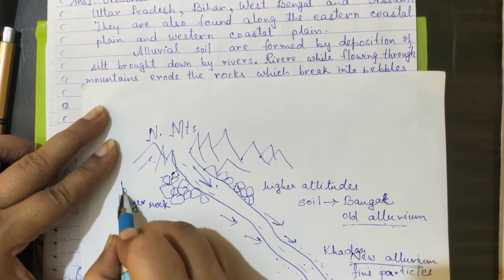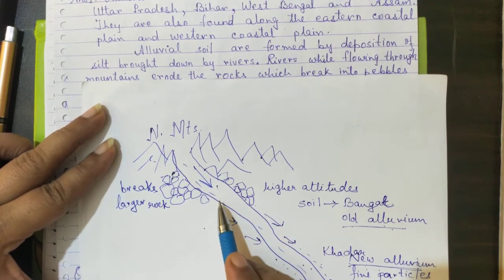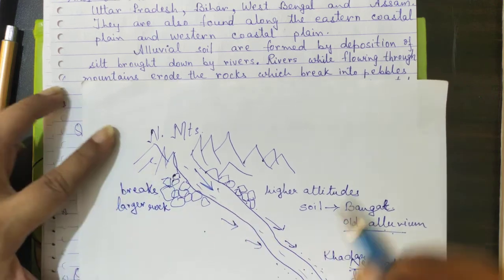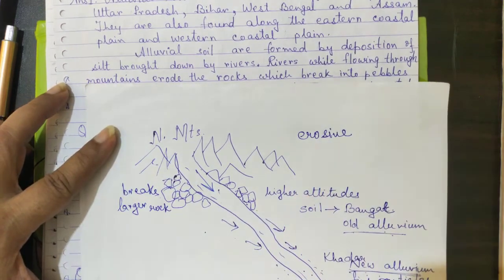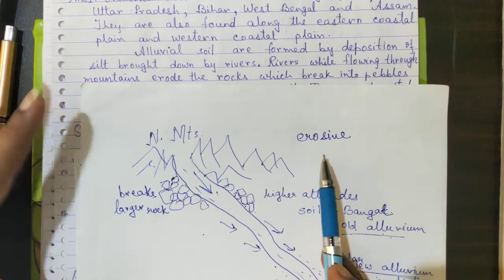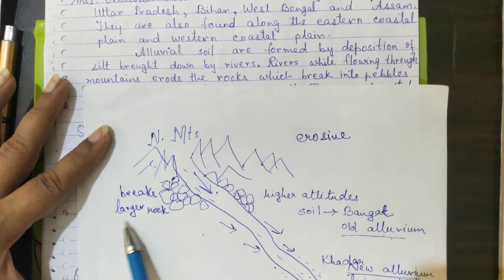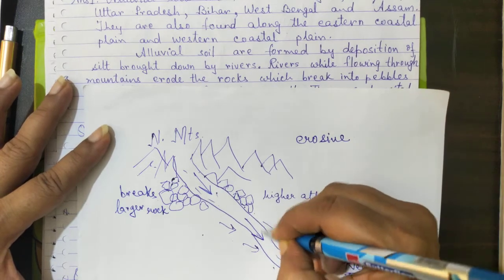Since the rivers flow from great height, the work of the river is erosive, that is breaking and tearing the larger rocks into small pieces, and they are transported by the river.